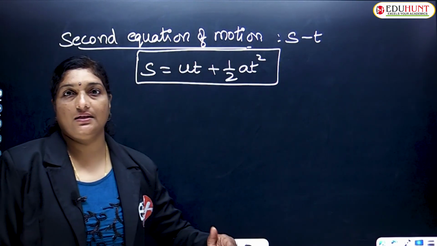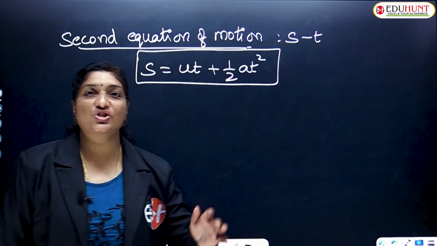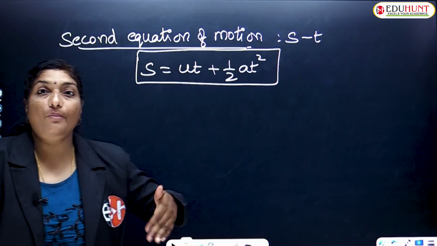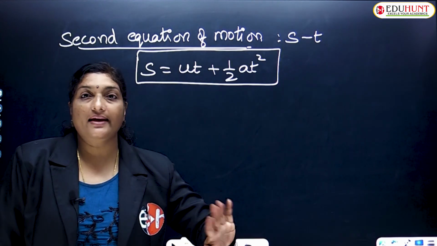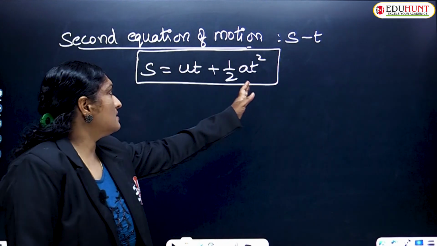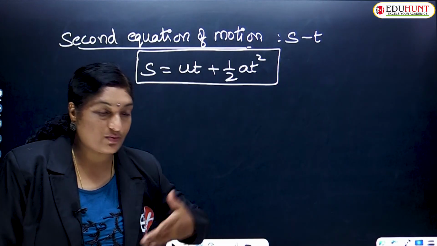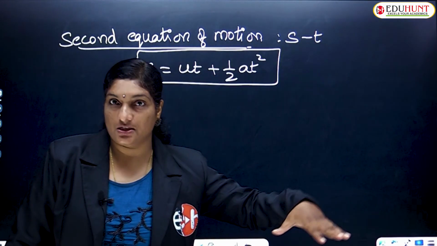Suppose you consider a body moving initially with velocity u, and it is uniformly accelerated for a time t, and its velocity changes to v.